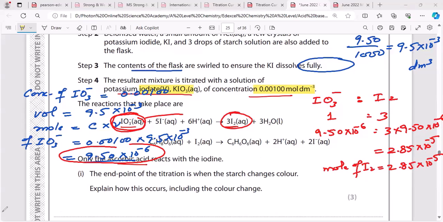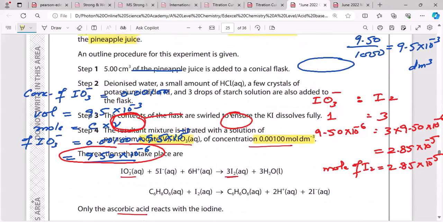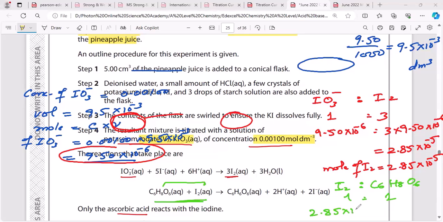So now we need to use this equation hidden somewhere here. Yes, this. So let's compare these two. So iodine compared with this acid. I'm just forgetting the name of the acid. This is 1:1. But now the moles of iodine is 2.85 into 10 raised to power minus 5.